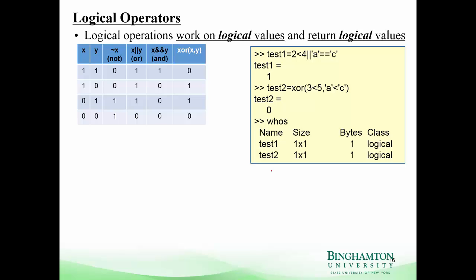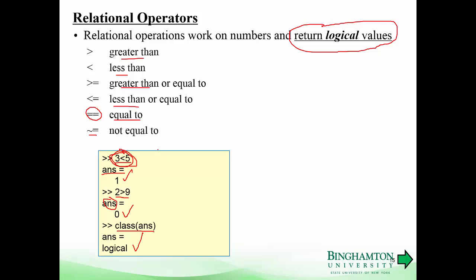And then we've got logical operators that allow us to combine logical results. So if we go back to this page, we might want to do something when x is greater than y and z is not equal to 10. So how do we combine that?